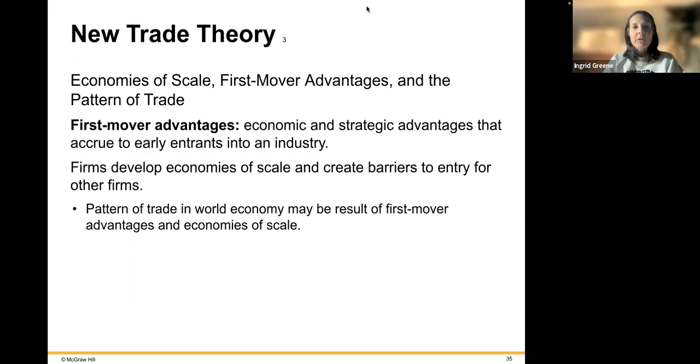The patterns of trade and world economy may result in first mover advantages and economies of scale. So what this is saying is that governments might get involved because they might want to encourage certain organizations to be the first mover, and then they will potentially financially support that company or that industry. And again, this shows up in the aerospace industry with Airbus.